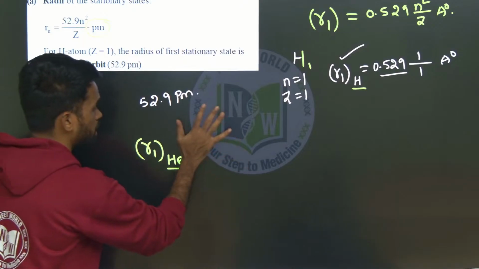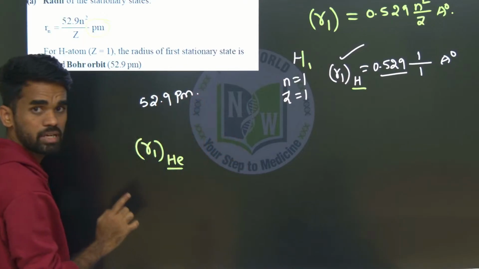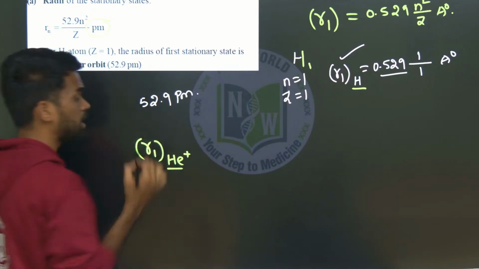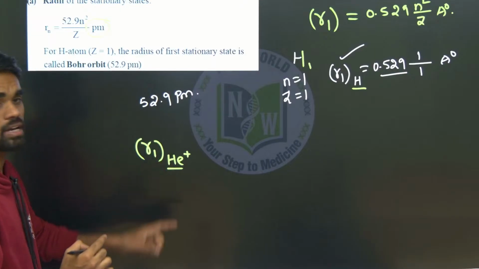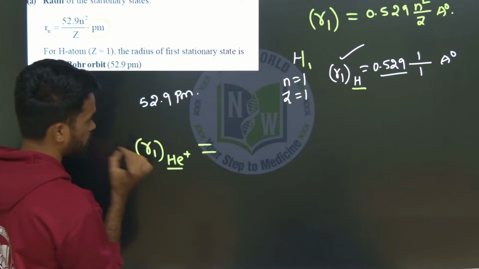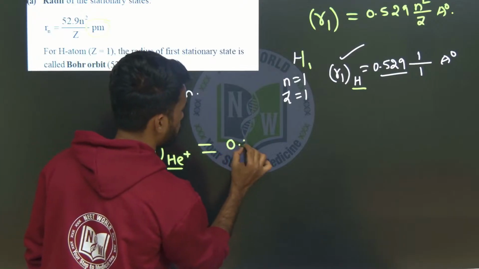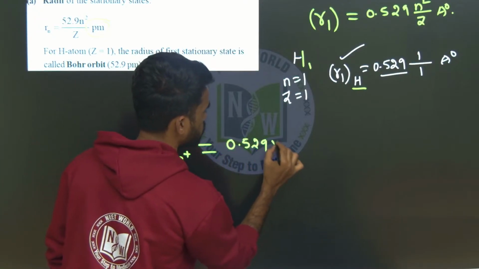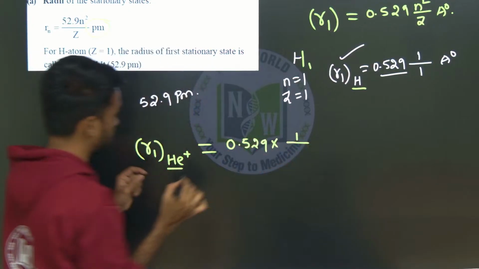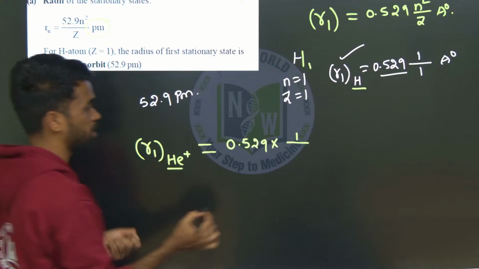It is not applicable for a multi-electron system. It means we cannot calculate for helium atom using Bohr's atomic model formulas, but we can calculate for helium ion because helium ion contains one electron. Now R1 of helium is 0.529 into n square by Z. What is the n value here? 1. And Z? Atomic number of helium is 2.